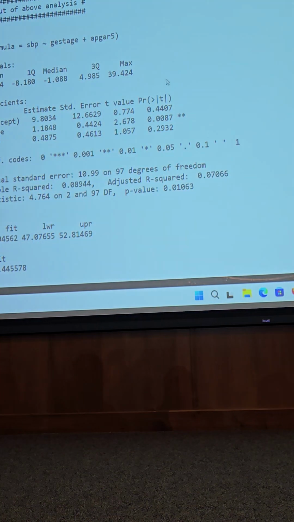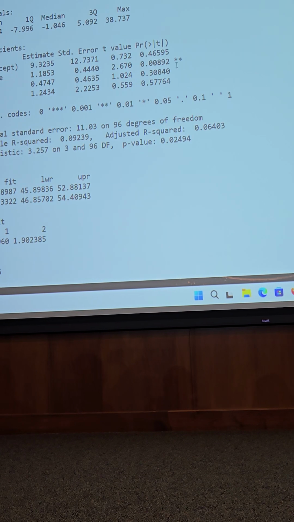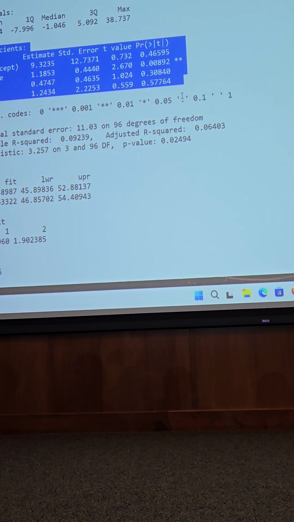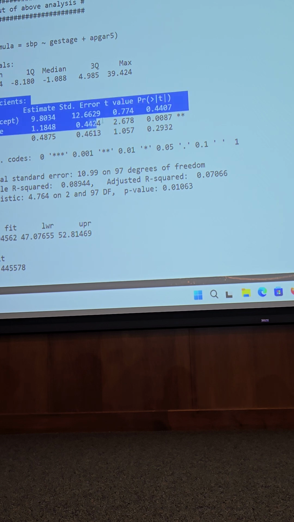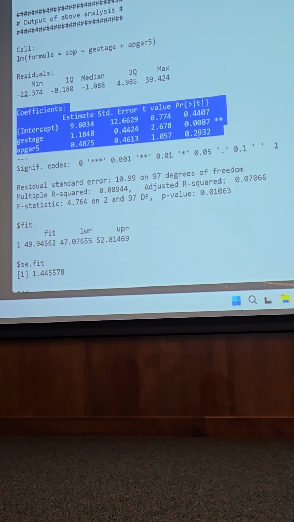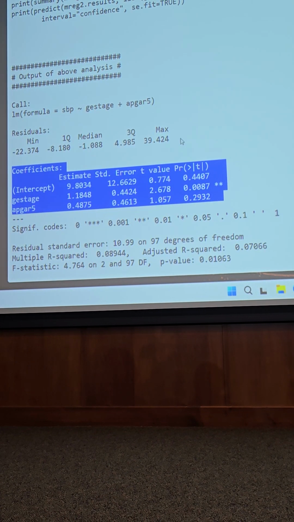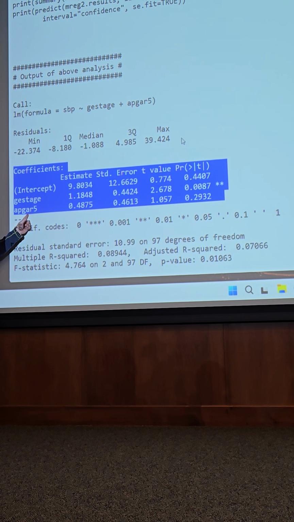If you look back at the output from my analysis here, the one thing I want you guys to be able to read is this table right here. Here you have the intercept, gestational age is x1, Apgar 5 is x2.